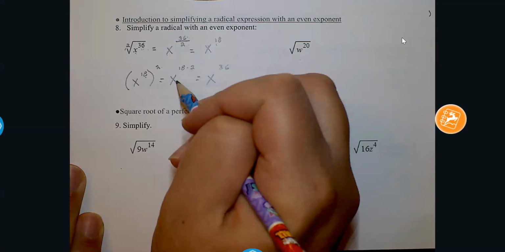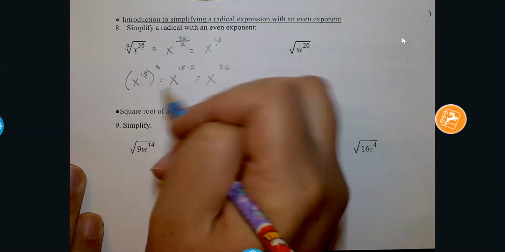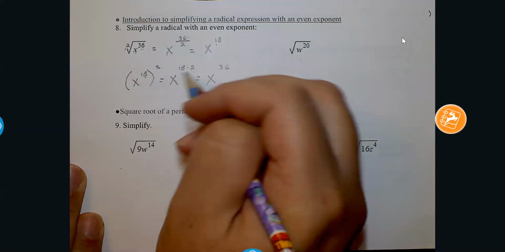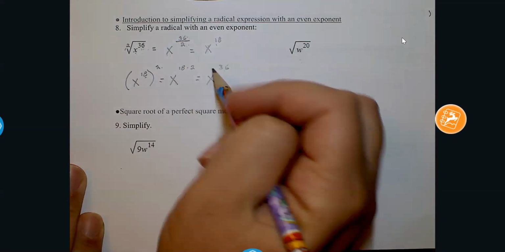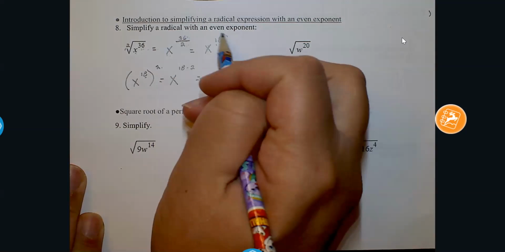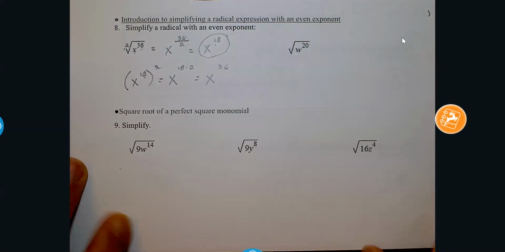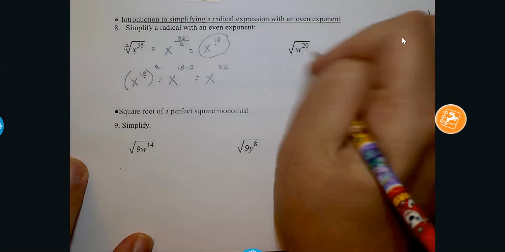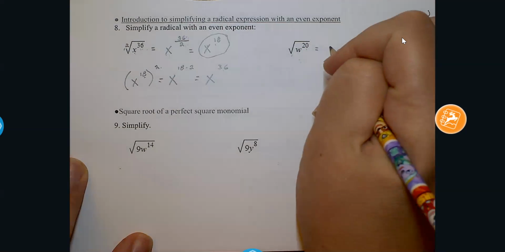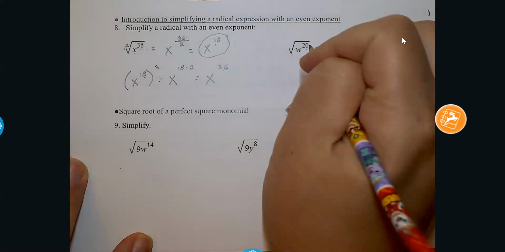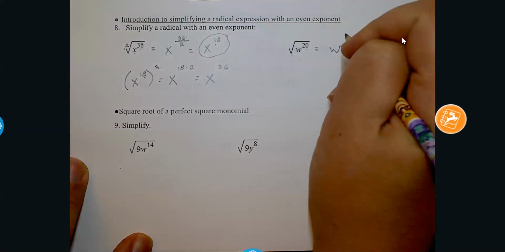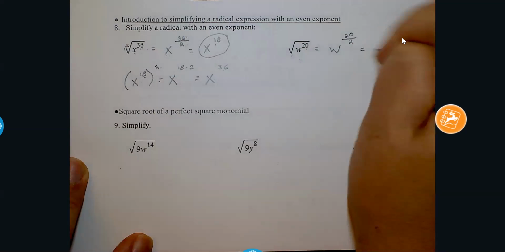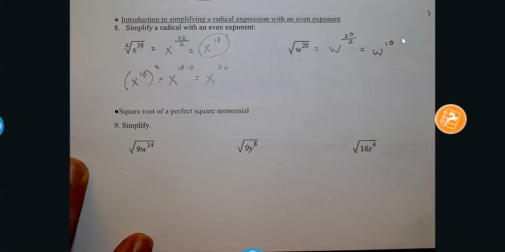So if we took x to the 18th and squared it, it would be x to the 18th times x to the 18th, and then that would be x to the 36th. So we are dividing our exponent, so we're looking at x to the 18th. Okay? That makes the square root of w to the 20th pretty easy. The square root of w to the 20th would really be w to the 20th over 2, which is w to the 10th.